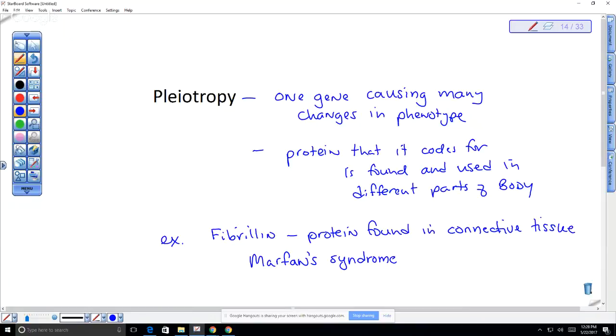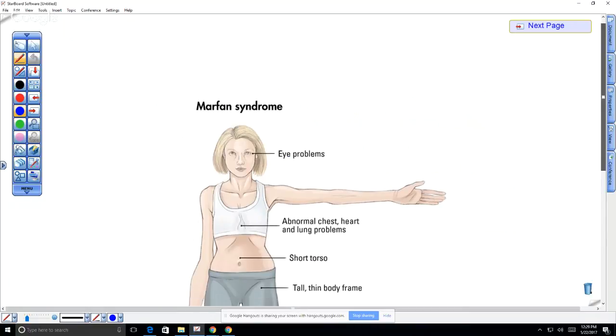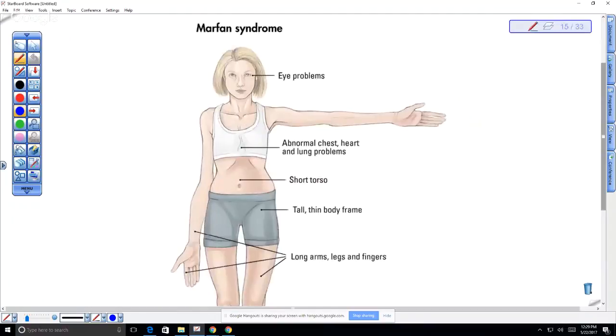So if we look at just a diagram or an image that illustrates the different changes in the phenotypes, you could write down that they have eye problems, right? They have an abnormal chest, so it's kind of caved in, because connective tissue makes up that hyaline cartilage, part of the ribs, their connection to the sternum.